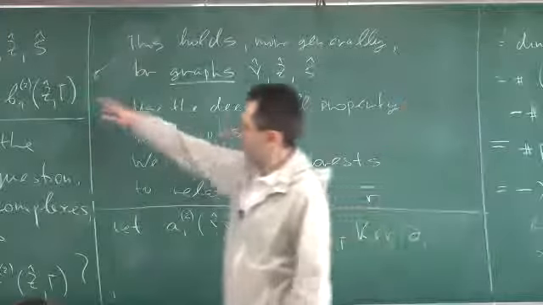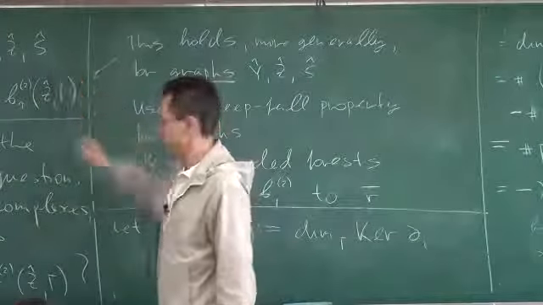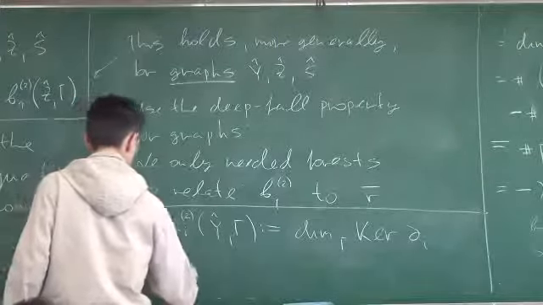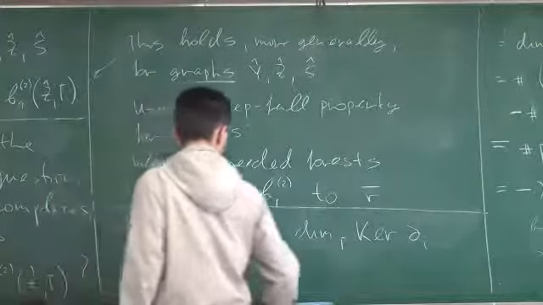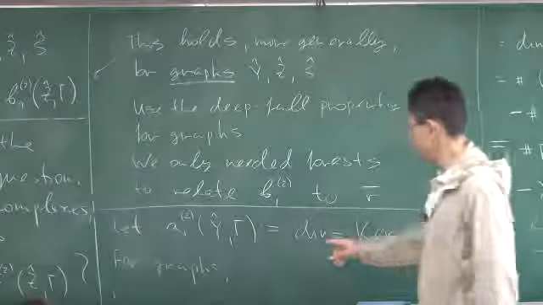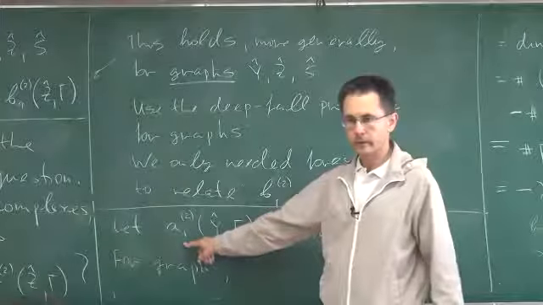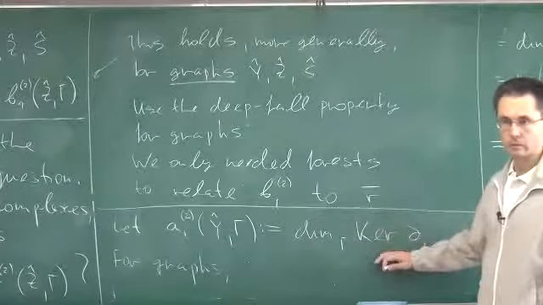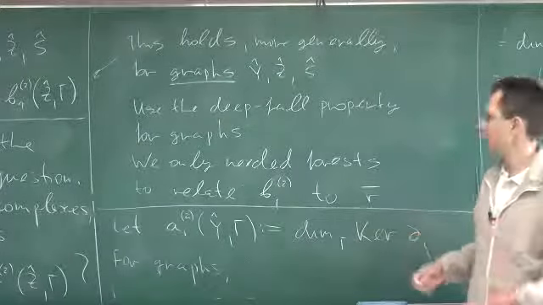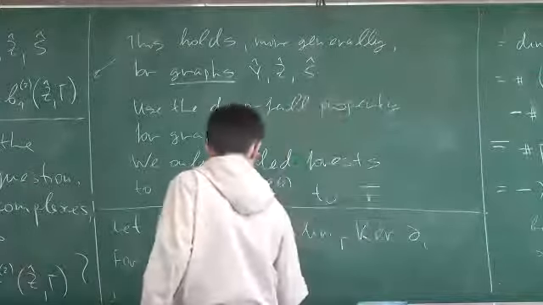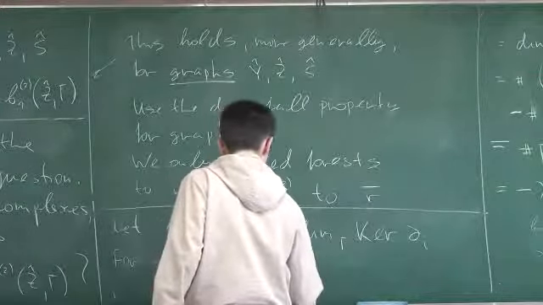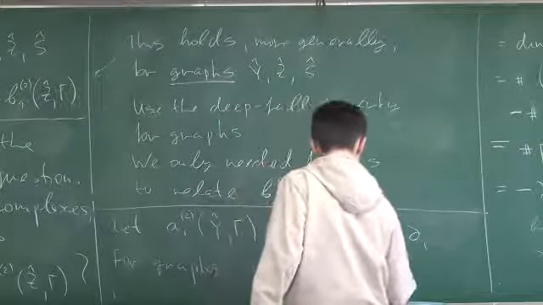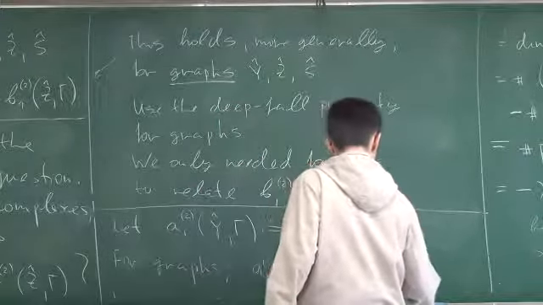So if we dealt with graphs, and if you take i to be 1, then the homology is the same as the kernel. There is no difference between A and B. So A_1 of Y hat gamma is the same as B_1 of Y hat gamma.